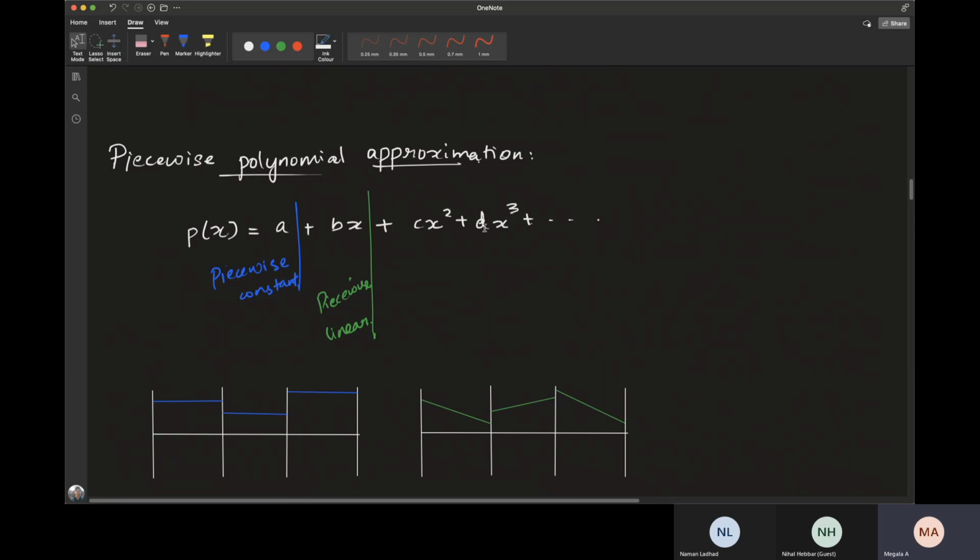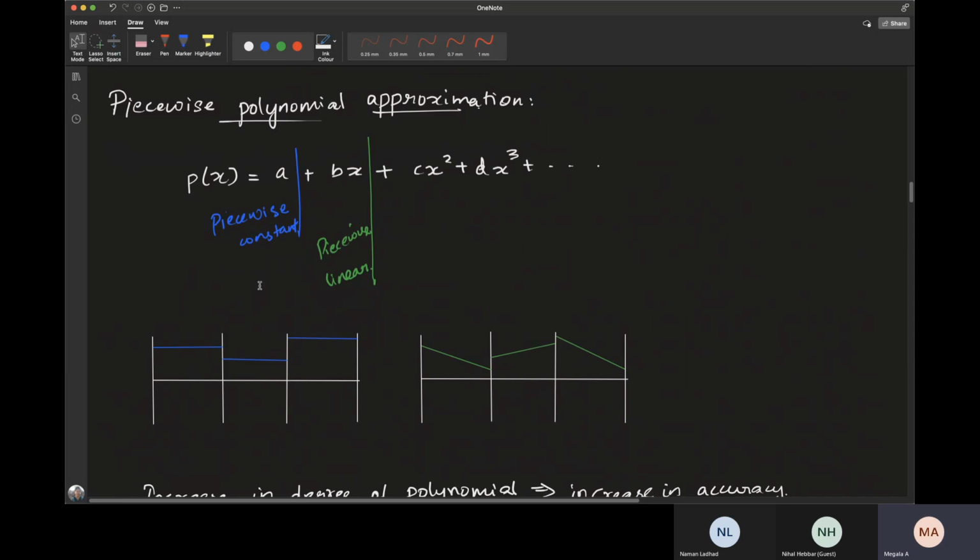So you have a plus bx plus cx squared plus dx cube and so on. Now in this polynomial, suppose you approximated only up to the first term, that is if you just take p of x equals a, you get a constant value for u bar. So those are these blue lines. When you approximate your u by some constant value u bar, you get these blue lines.